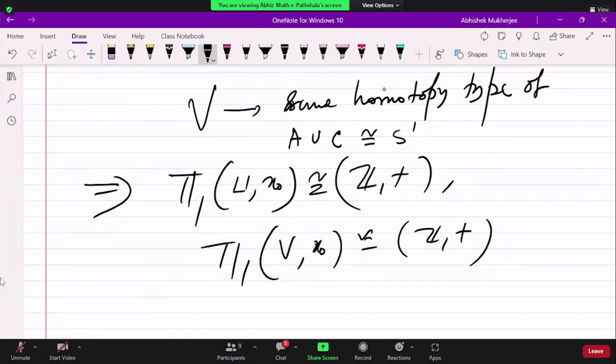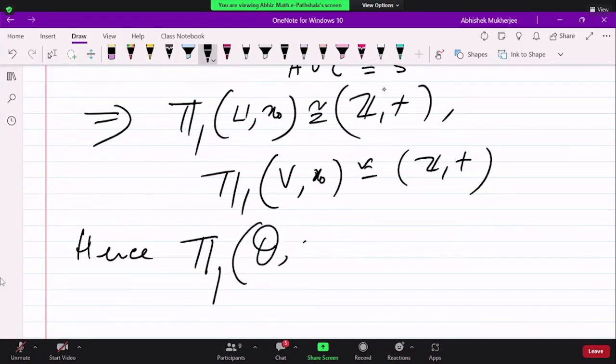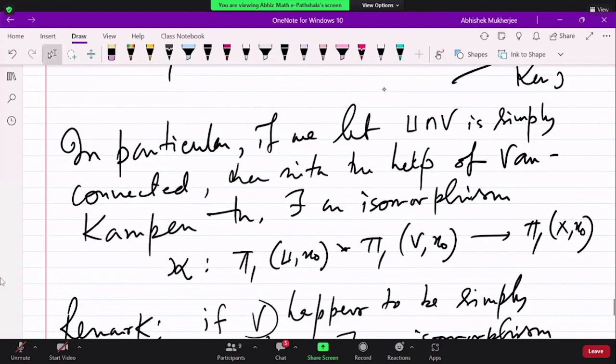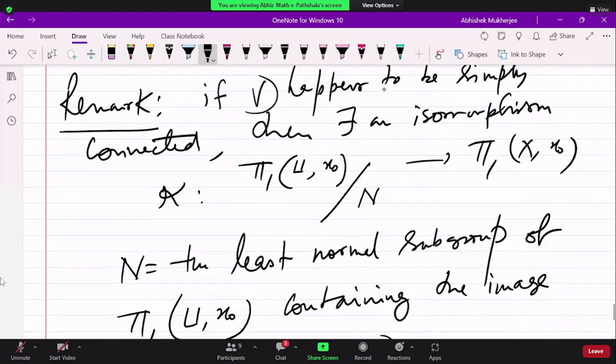And therefore, by the above observation, hence the fundamental group of theta based at x naught is, since the intersection is simply connected, you do not have any normal subgroup, any kernel.